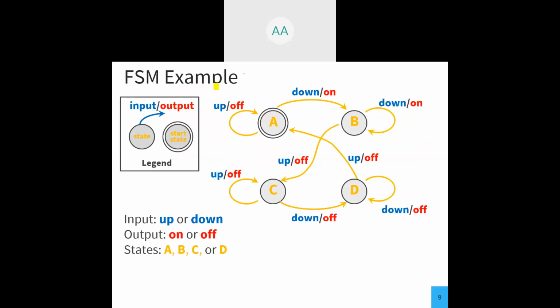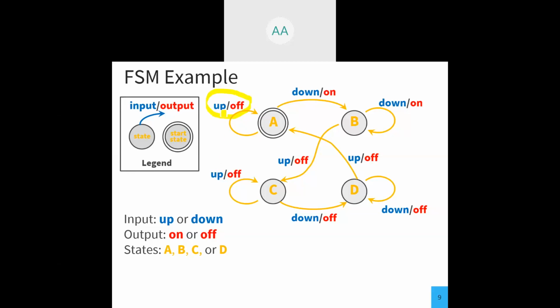Now the FSM example. So we have input and output. You can see this is a state A, B, C, and D with a circle. And then there is a double circle here, a double-line circle. That's actually the starting state, where the state is going to start. It can't start randomly. It also has input and output conditions.